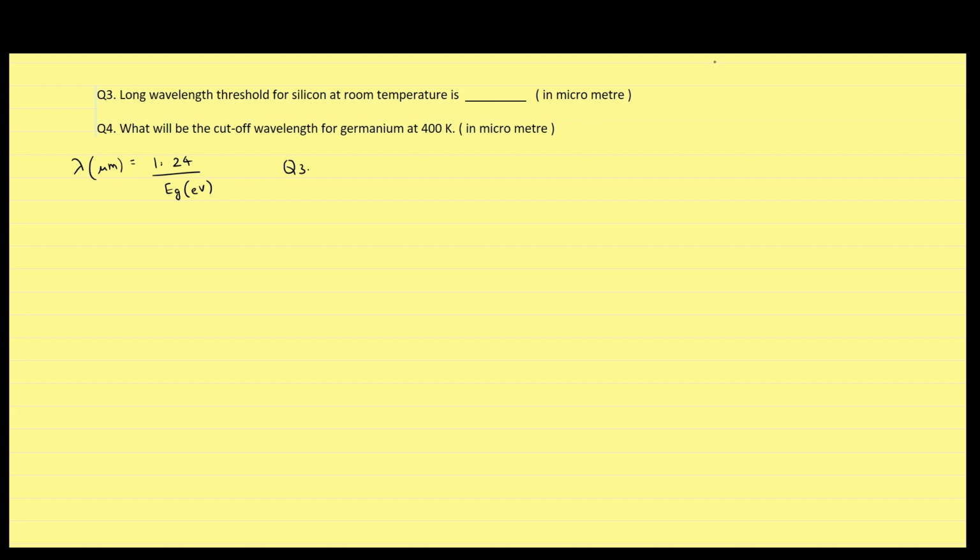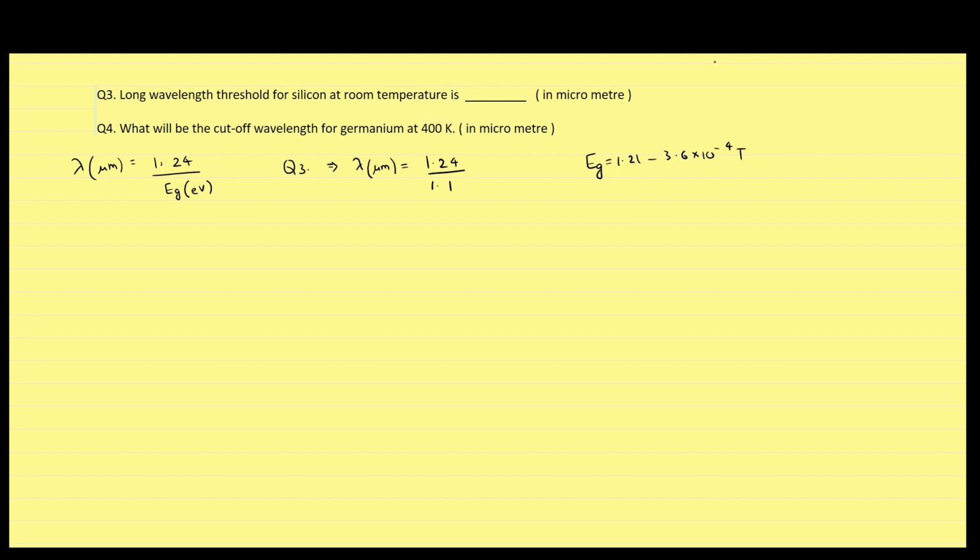So for the third question, we have lambda in micrometer equal to 1.24 divided by 1.1. It is good for you if you remember the band gap energy of silicon at room temperature, or otherwise you can find the value of band gap energy of silicon by this formula.